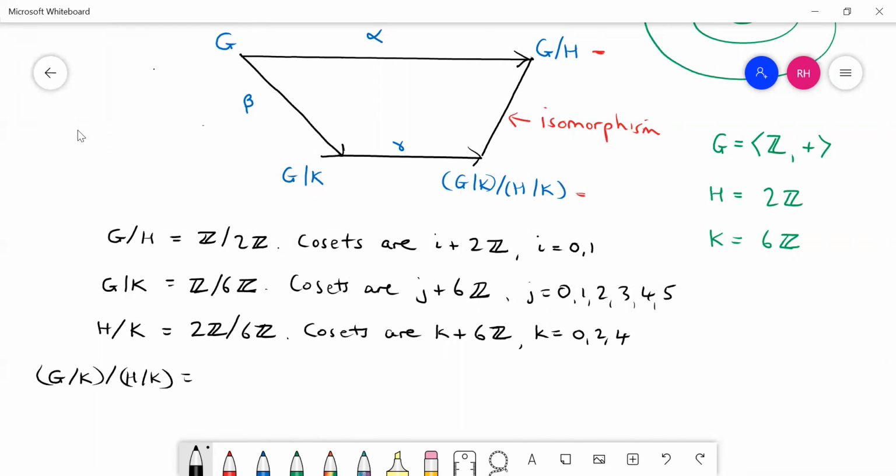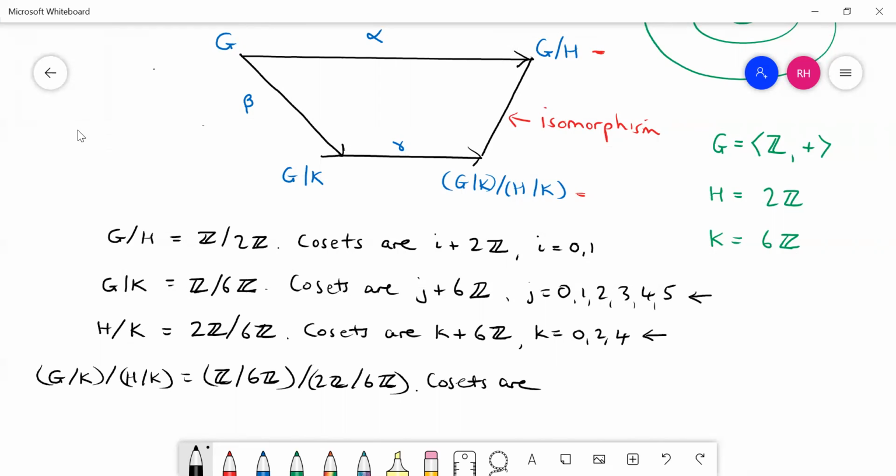So GK is Z quotient 6Z, and 2Z quotient 6Z. Okay, so cosets. We've got an alien who understands this, which is 6Z plus 0, 2, and 4, and we have to explain these cosets.